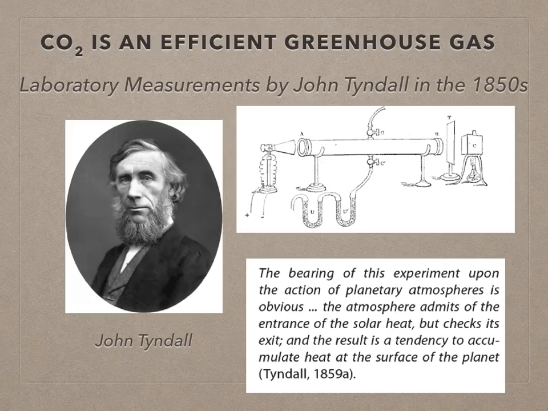The atmosphere admits or allows the entrance of solar heat, but checks its exit." That is, the long wave radiation is inhibited from leaving the planet. And the result is a tendency to accumulate heat or energy at the surface of the planet.